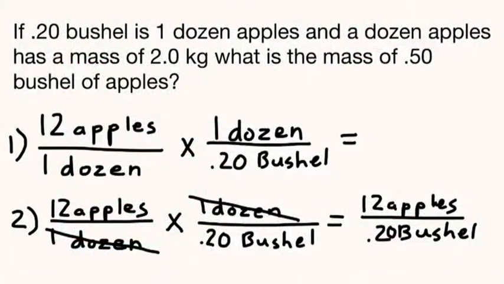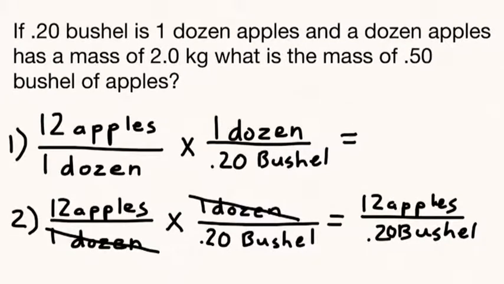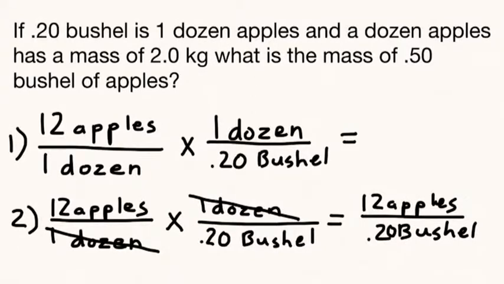The first question is if 0.2 bushel is 1 dozen apples and a dozen apples has a mass of 2 kilograms, what is the mass of 0.5 bushel of apples? Using dimensional analysis, I was able to show that the conversion factor is 12 apples to 0.2 bushel.